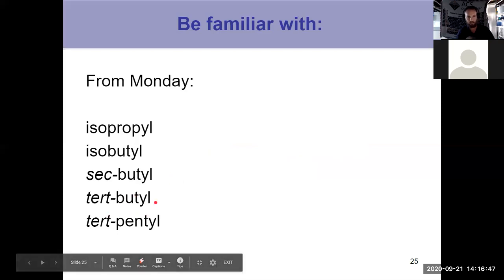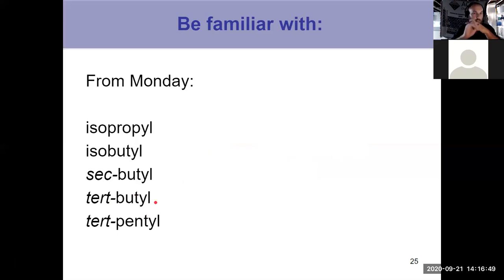Actually, I got to fix that. Tert-pentyl, sec-pentyl, or sorry, there is no sec-pentyl, normal pentyl. Okay? So to rehash that one more time, because I definitely did those out of order: propyl and isopropyl, butyl, isobutyl, sec-butyl, tert-butyl, pentyl, and tert-pentyl. Those are all of your alkyl substituents that you will have.